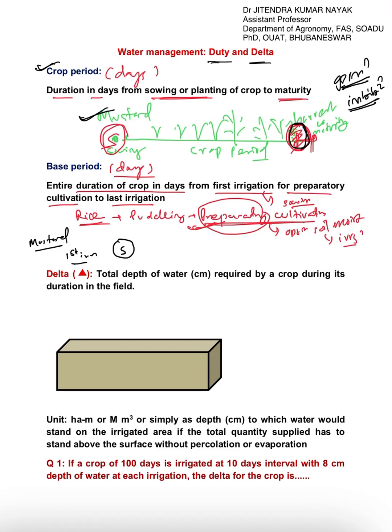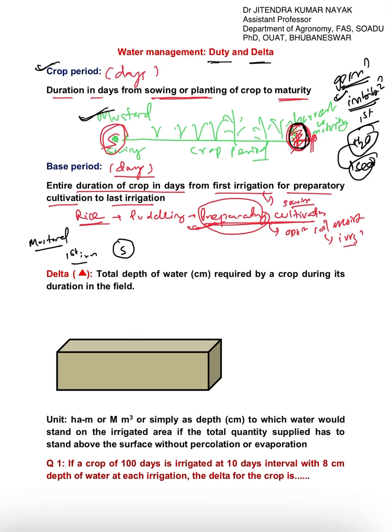Imbibition is the first process of germination. Imbibition means absorption of water by the seed. The seed absorbs the water, and this is called imbibition for germination purposes.